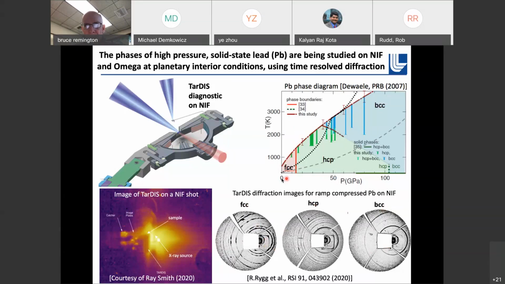For a ramp compression, which is this dashed gray curve, one starts out in the FCC phase for lead, then transitions into HCP, and ends up in the BCC phase at the higher pressures, then stays there. So the experiments show that we could actually measure those phases in ramp compressed high Z materials. Therefore, we can identify phase transitions and phase transition kinetics.